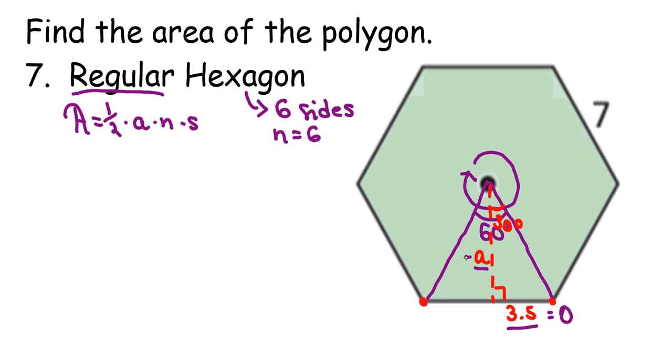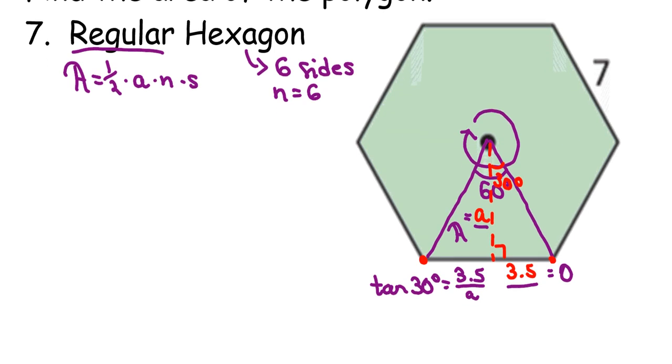The A is the adjacent. So I'm going to set up a tangent ratio. Tangent of 30 degrees is equal to opposite over adjacent. And we have this little trick that we can move things around slightly. I can interchange the A and the tangent of 30 so that A would equal 3.5 divided by the tangent of 30.